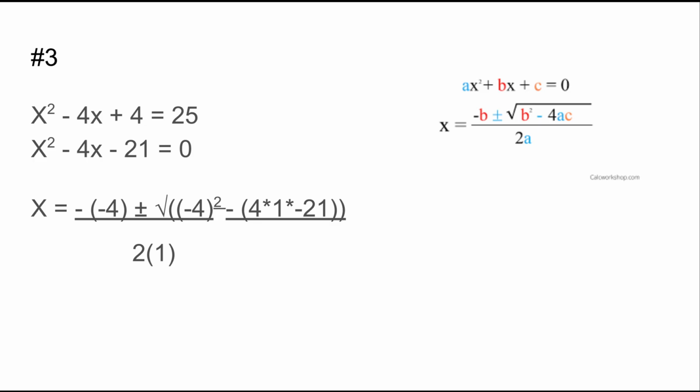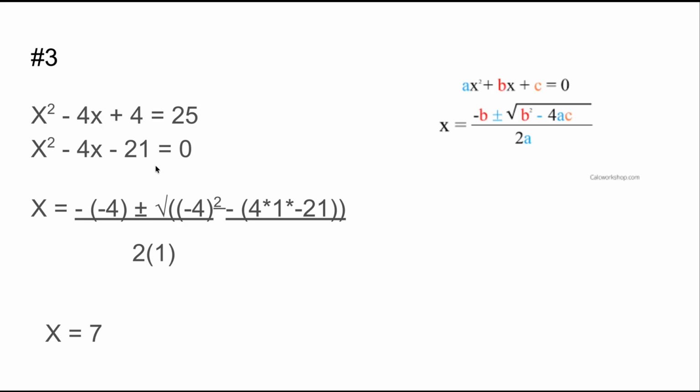Now remember, you need a set of parentheses around your entire radical underneath it and also around each b squared and then your 4ac. Once you hit enter, you're going to say divide by 2a, which happens to be 2 again, and your first solution should be 7. Now we're going to solve again with subtracting instead of adding in this section of our equation.